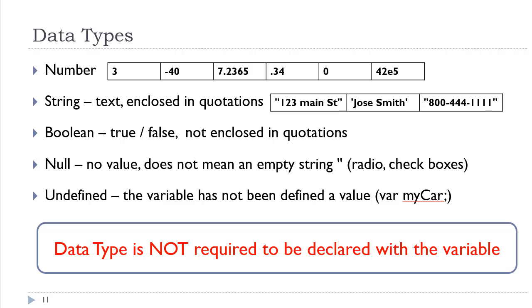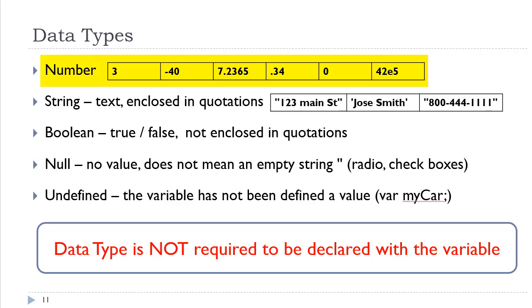When you assign a value to a variable, that value will have a data type. In JavaScript, there are 5 data types. We will be predominantly working with number data types or numeric and string data types or text.